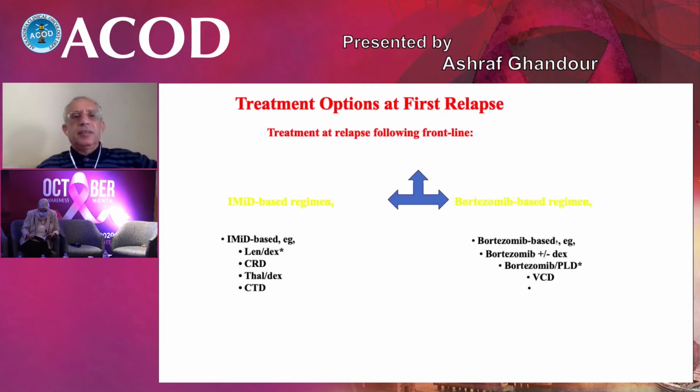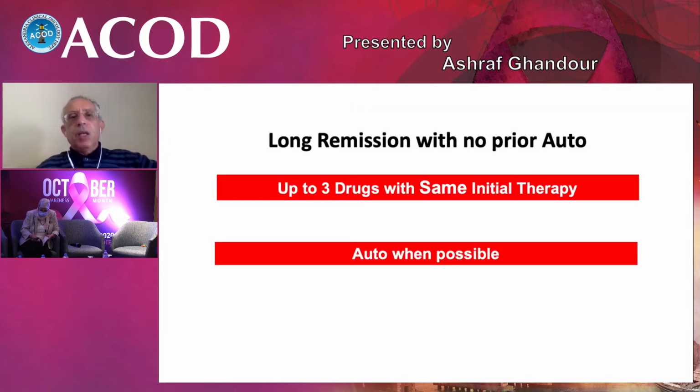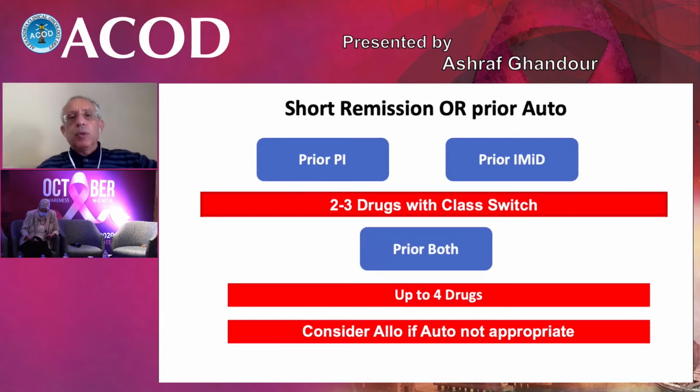For treatment at relapse here, we have IMiD-based, such as lenalidomide, lenalidomide with cyclophosphamide, thalidomide, and whatever, and proteasome-based. Long remission with no prior autologous, we should use up to 3 drugs with the same initial therapy, and auto when possible.